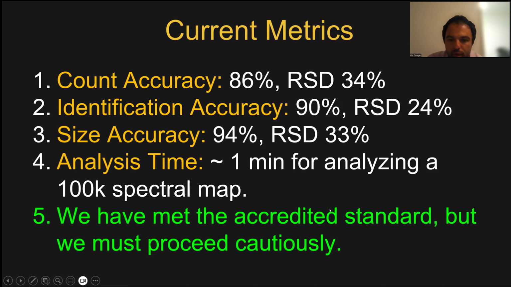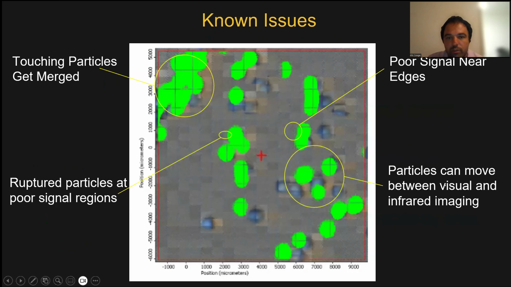We feel like we've met the accredited standard for this, but I do feel like we really need to proceed cautiously. Some big issues that we've noticed with these types of approaches, especially the automated ones, is you can have particles moving in between the time when the visual image is collected and the hyperspectral image is collected.